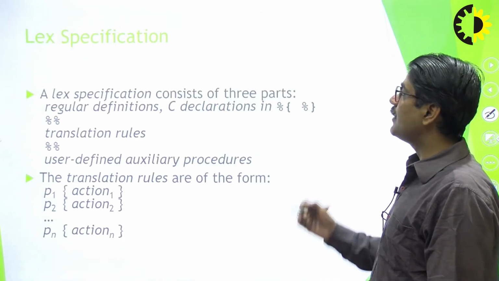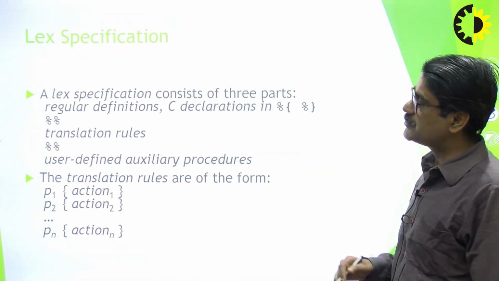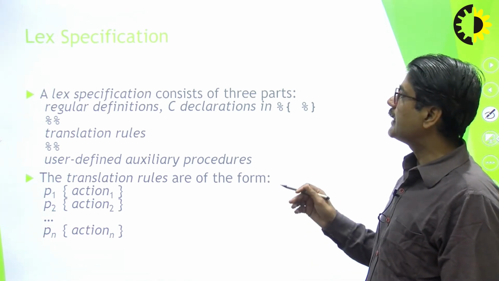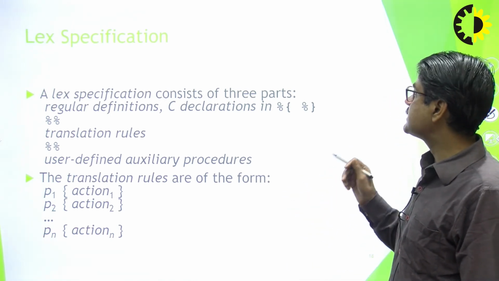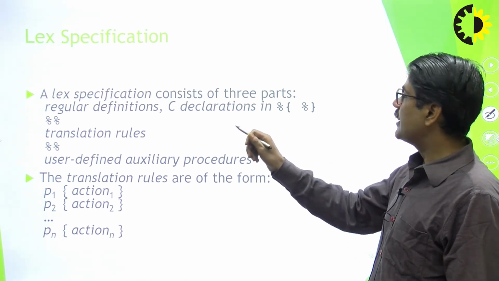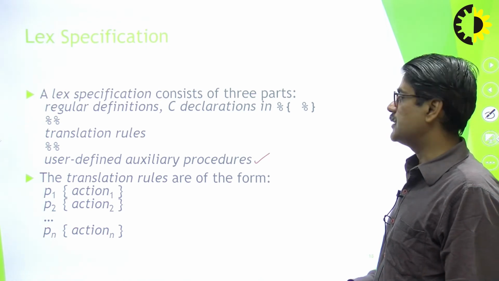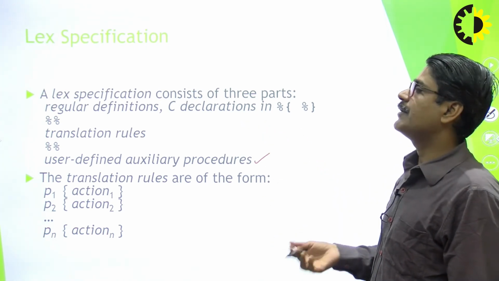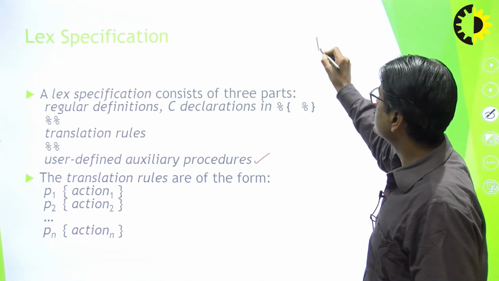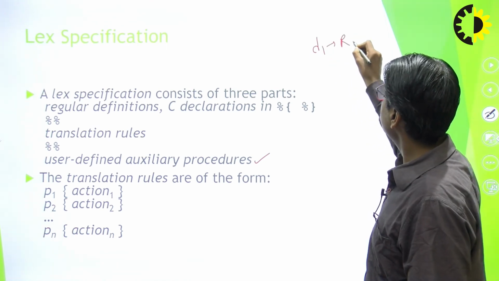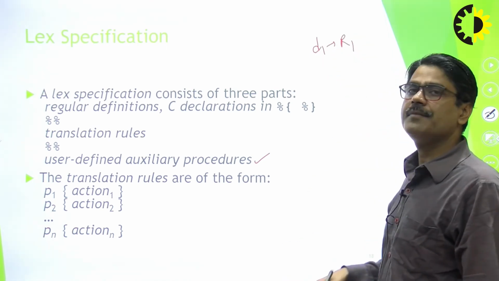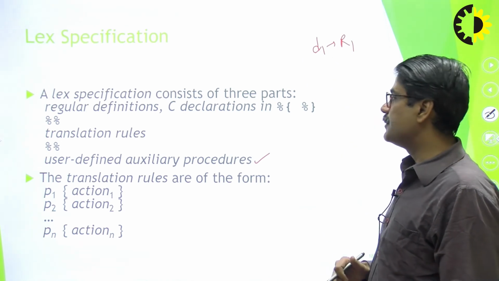But what is required for that? The Lex specification, which we have already talked about, contains regular definitions, C declarations, translation rules and user defined auxiliary procedures. In regular definitions we define D1 produces R1, meaning regular expressions derived by using different variables.